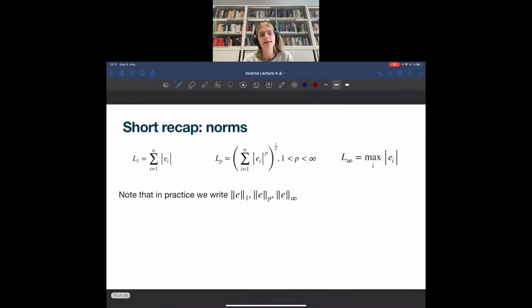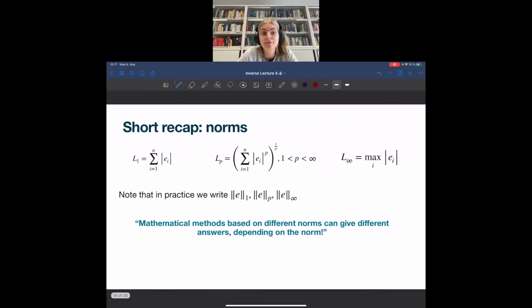In practice, we would also write E, the original vector, within norm symbols, and then with 1, P or infinity, depending on the norm we actually have chosen. So if you see E in the norm with 2, you have to plug in the 2 norm. There's one important thing.